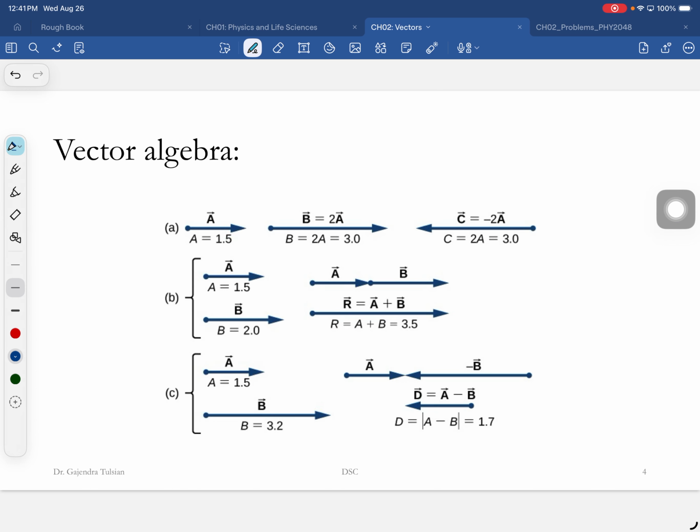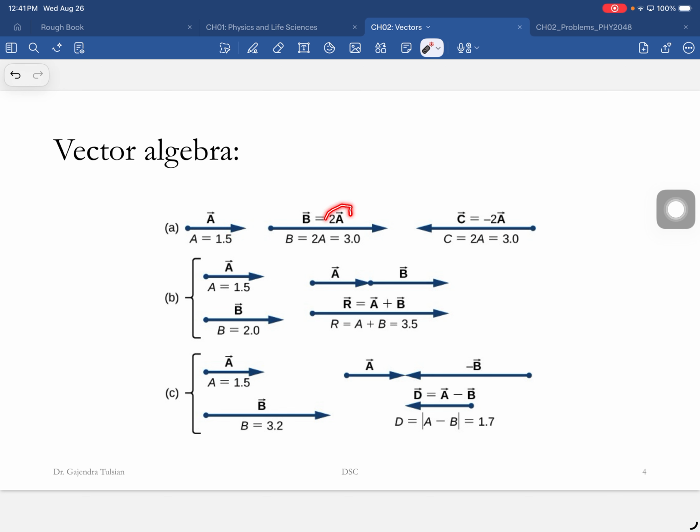So again, all we're learning is how to do mathematical operations with vectors. Let's understand some elementary stuff. Here's vector A, and 2 times A. 2 is a scalar, so hidden in this is a scalar multiplying a vector.